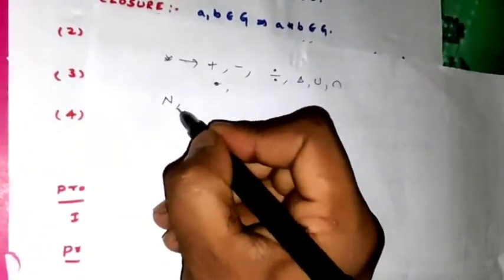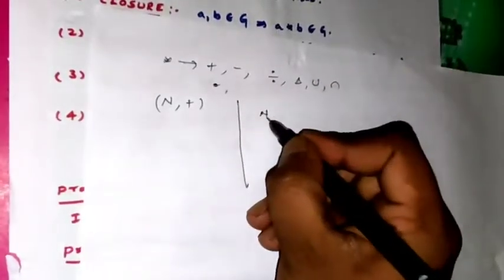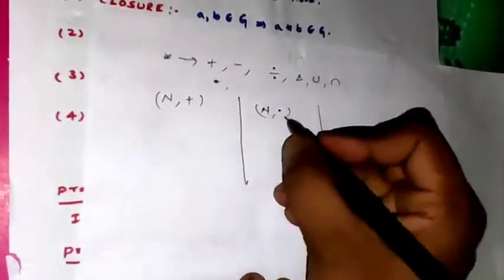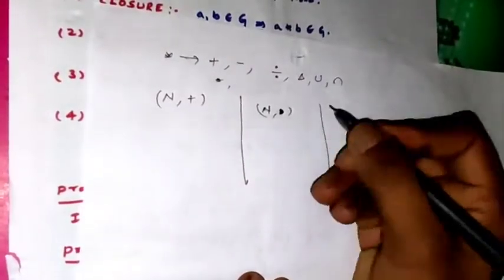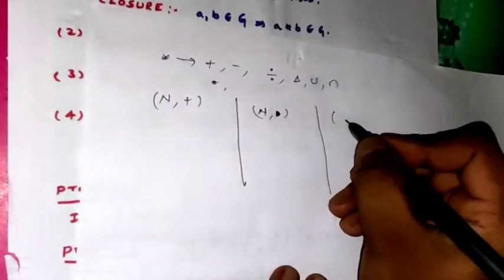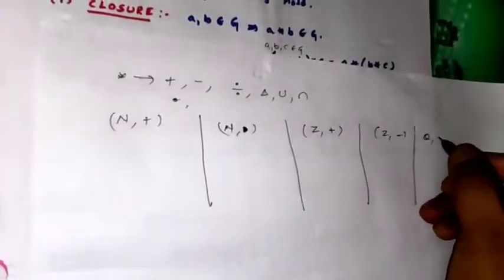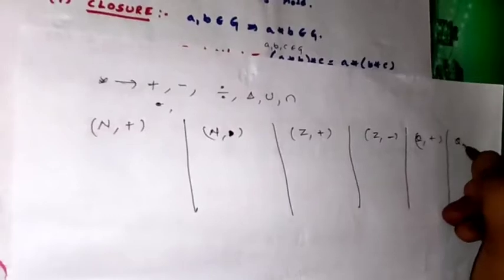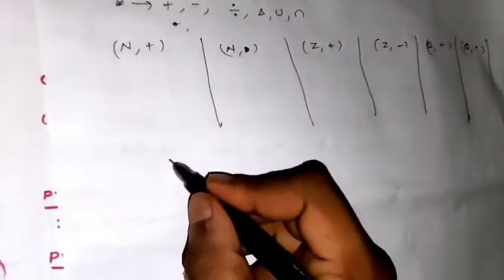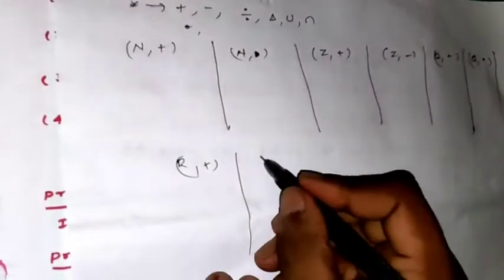First of all, I take (N, +), (N, ·) where dot indicates the multiplication operator, and (Z, +), (Z, −), (Q, +), (Q, ·), (R, +) and (R, ·). We check which of these form groups and which do not.